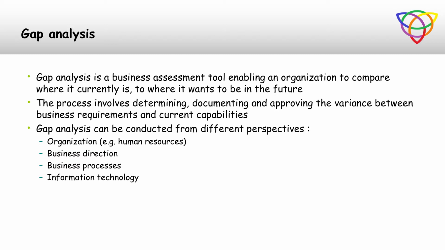Our assessment is where we are right now, and our priorities are where we want to be. And here we have then a gap analysis. And a gap analysis, well, that's the technique that we would use to compare where we are right now to where we want to be, and then work out our priorities for how we're going to get there. Analyze that gap.